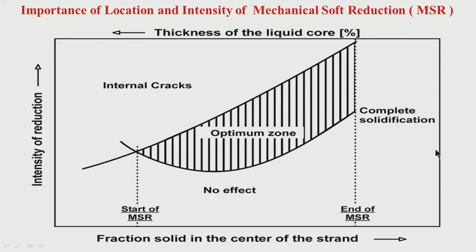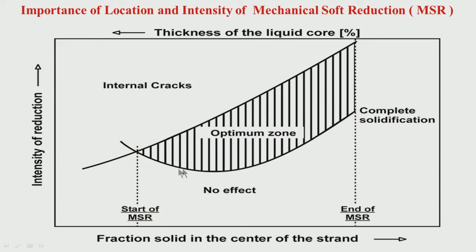So, beyond that you do not want to give it. The whole idea is to finish the soft reduction at the point of complete solidification, and you start it before complete solidification. That means the whole idea is to determine this area, the effective area.